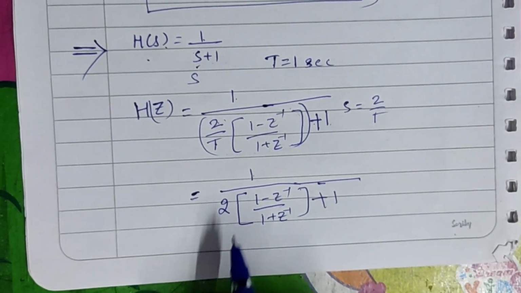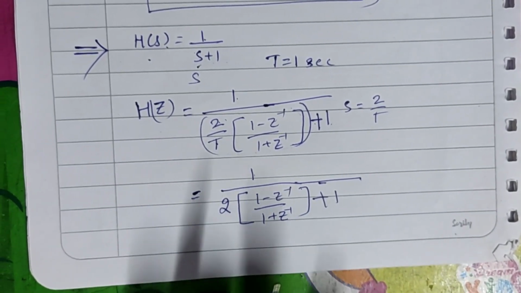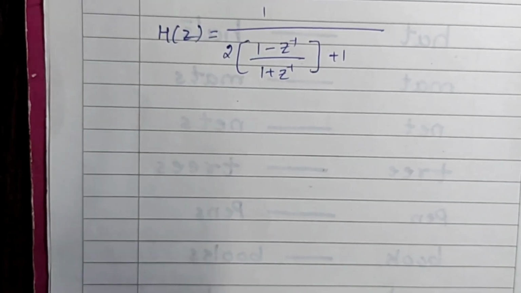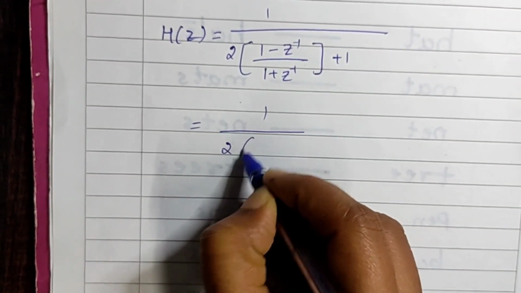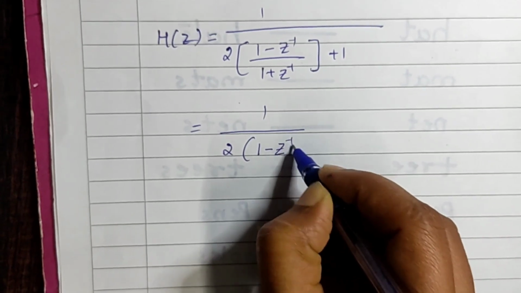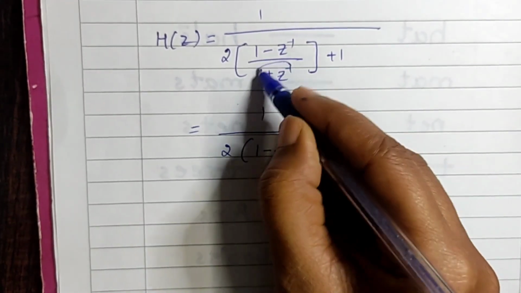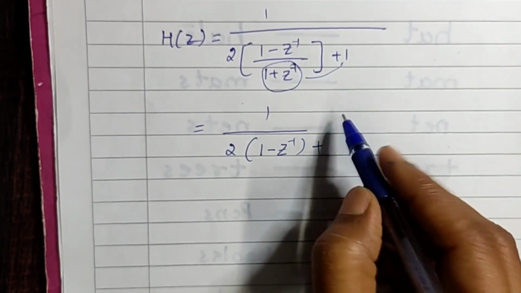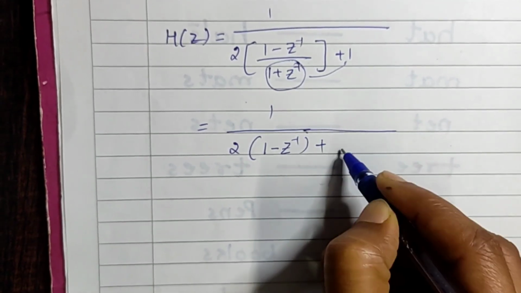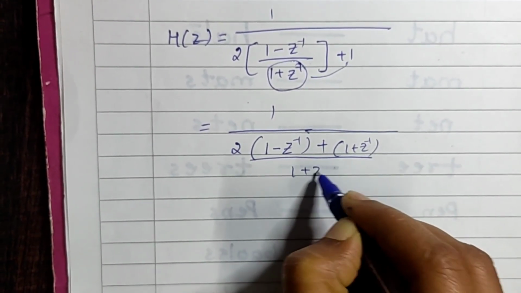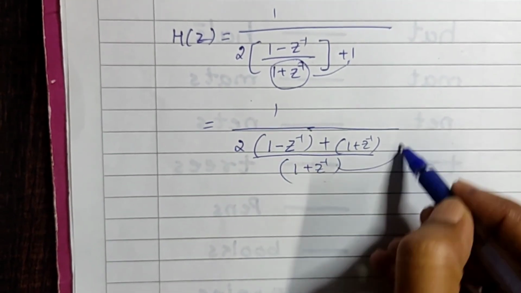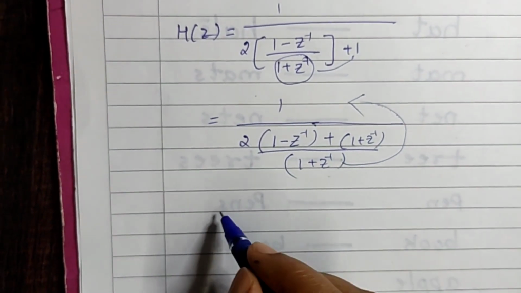Now further it is simply simplification. We simplify this, which is 1 divided by 2(1 − Z^-1) as it is, plus 1. We take the denominator the same, (1 + Z^-1), so the whole thing is divided by (1 + Z^-1), and that goes to the numerator.